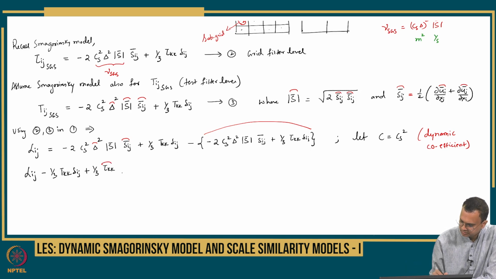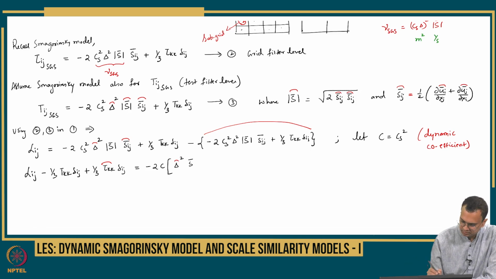test filtered delta ij equal to the remaining two terms here, which is minus 2C, C square is replaced by C simply, and that is the common in both. So I have minus 2C, I have delta cap square.